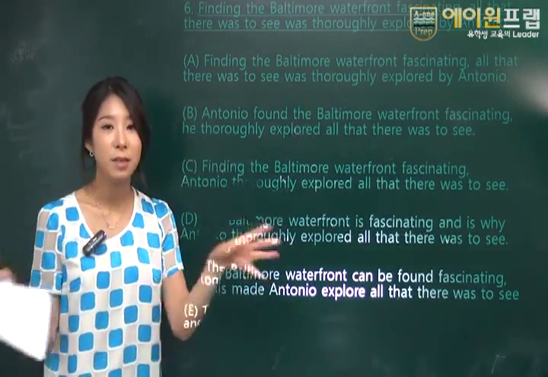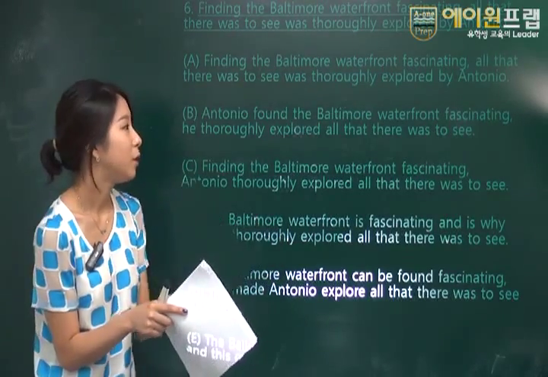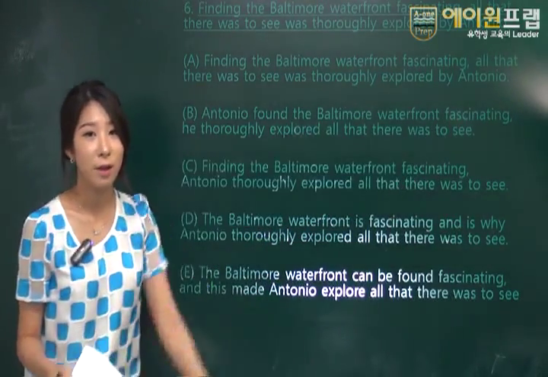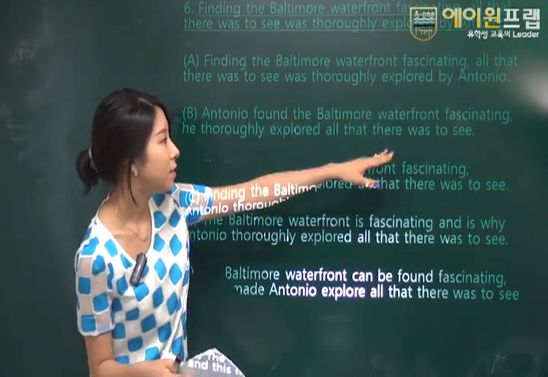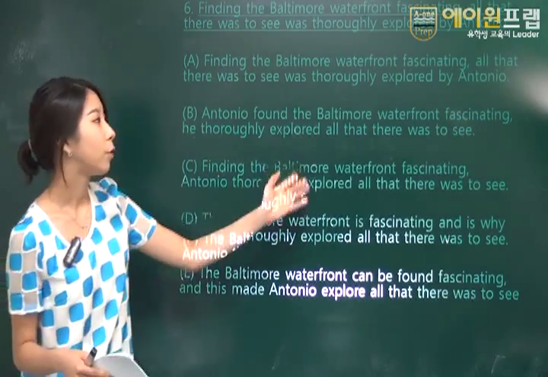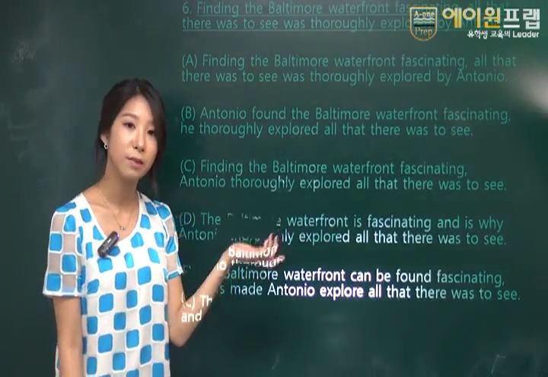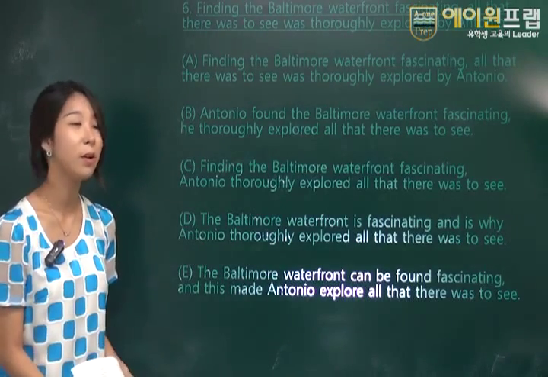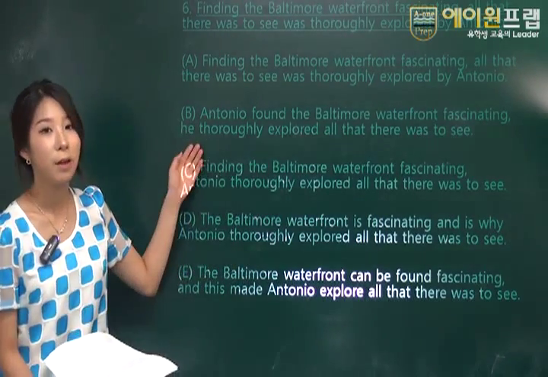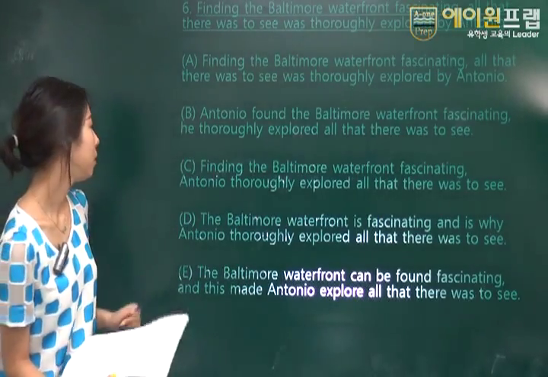We can't just put two sentences together by using a comma like that. We have to have a transition word. Like, "Antonio found the Baltimore waterfront fascinating, so he thoroughly explored all that there was to see." Then it's going to be a perfect sentence. But it's missing any kind of transition word, so it's not grammatical, we can't allow this.